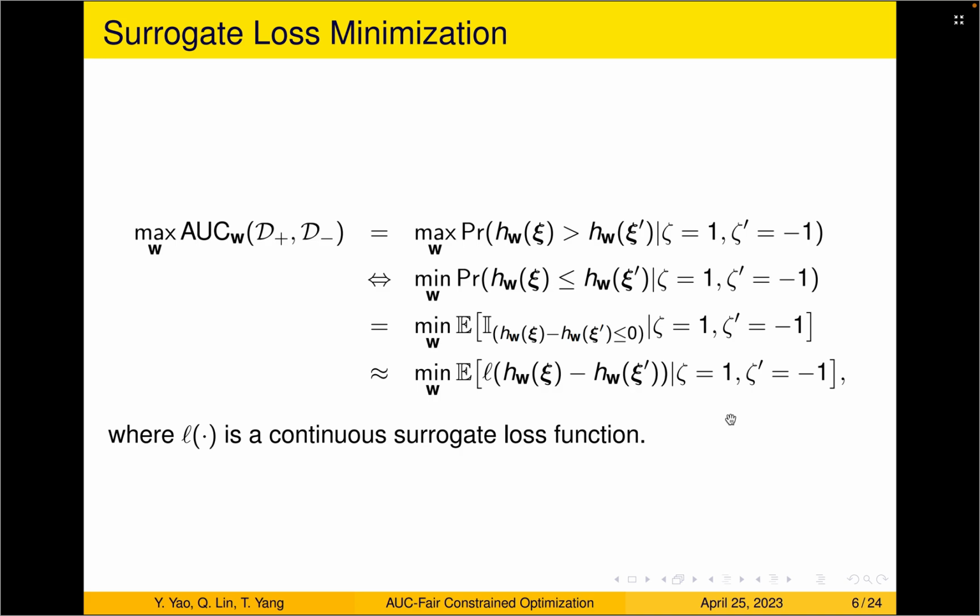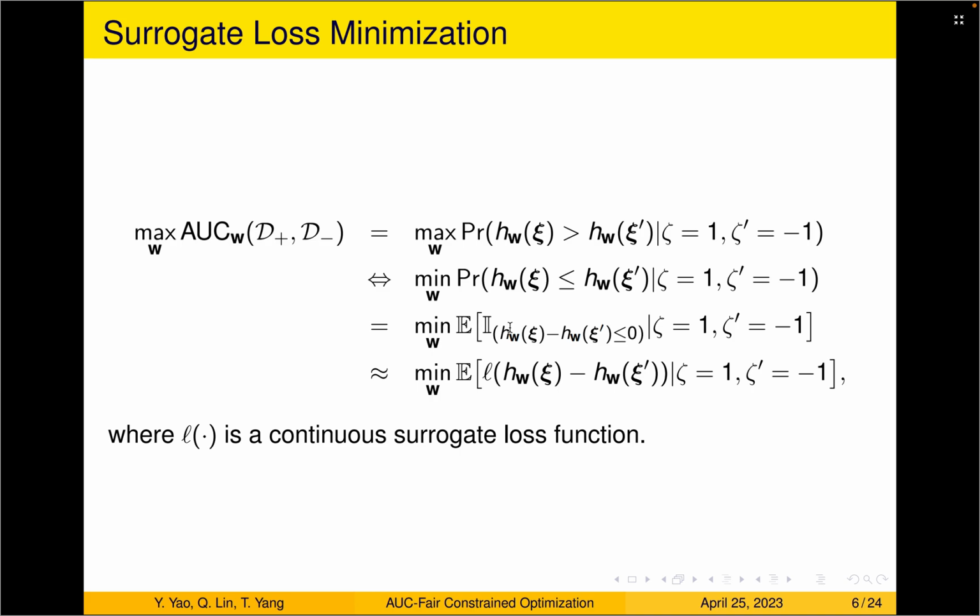So let's first look at the objective. We want to maximize the standard AUC, which means we want to maximize this conditional probability. And it is equivalent to minimizing this conditional probability. And then it can be written as minimizing the conditional expectation of indicator functions.